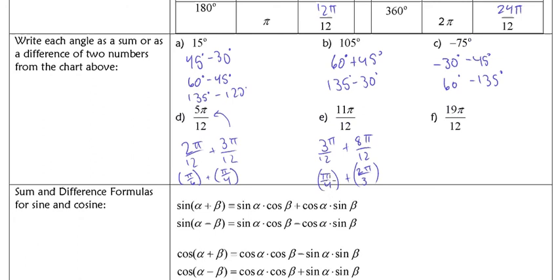If we're doing sine or cosine, you could give the value for those. Last one, if we're trying to get to 19, let's go with 10 pi over 12 plus 9 pi over 12, which is the equivalent of 5 pi over 6 plus 3 pi over 4.